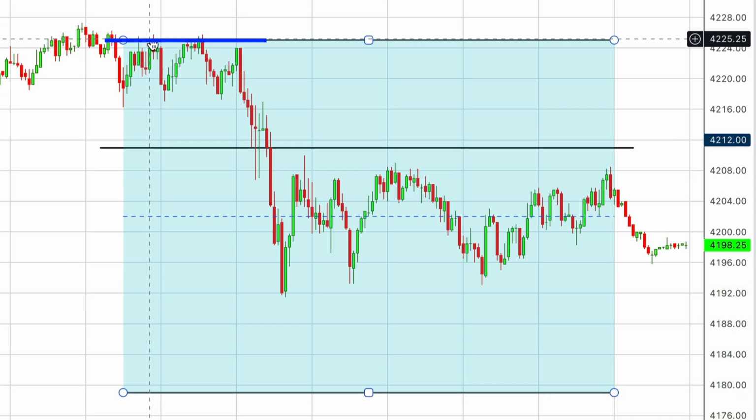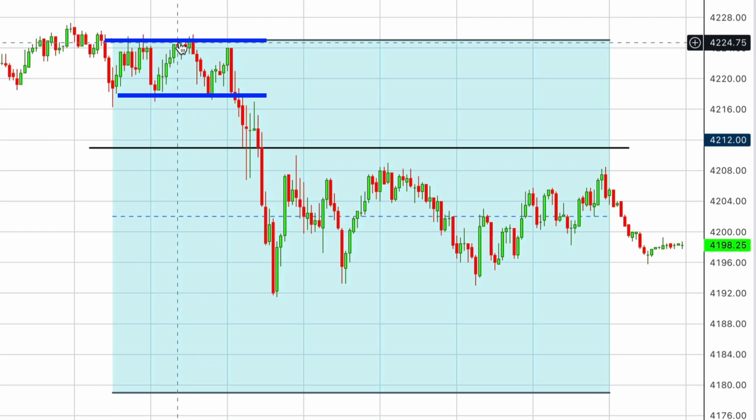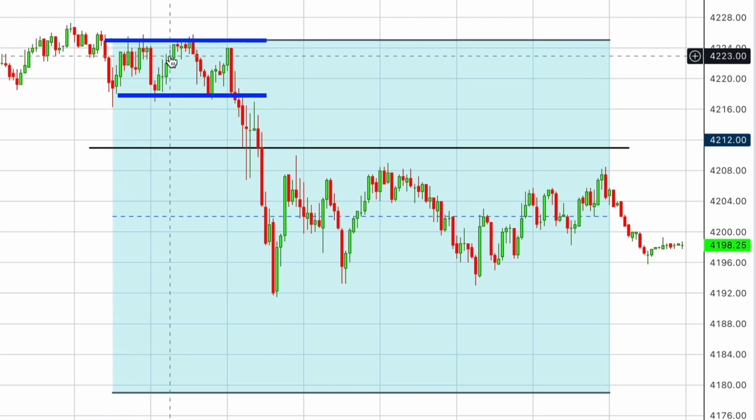And as time goes on, prices are also putting in a support level at about 42.18. So prices are moving between 42.25 and 42.18, and they're holding there for most of the day. Price action is giving us an indication of where prices should trade within a relatively narrow range.